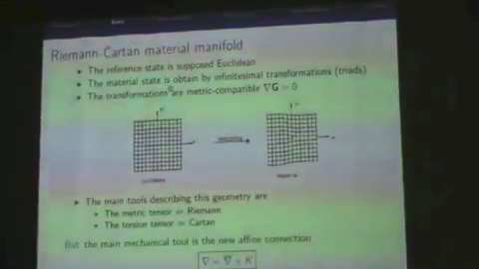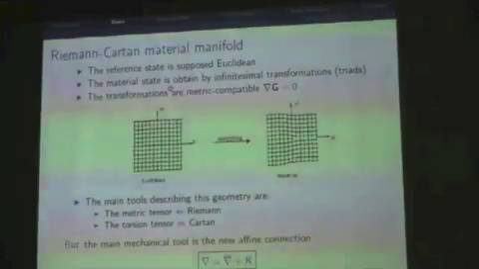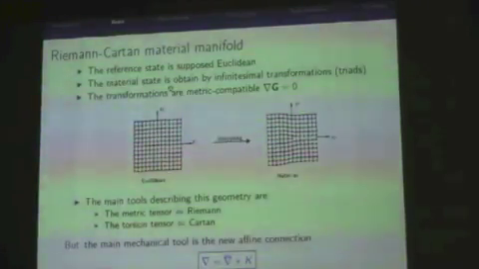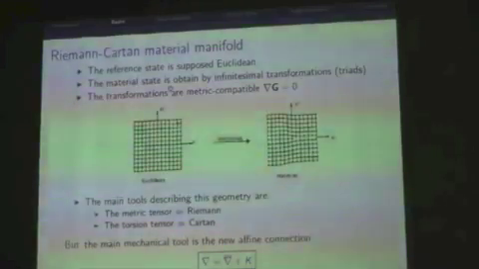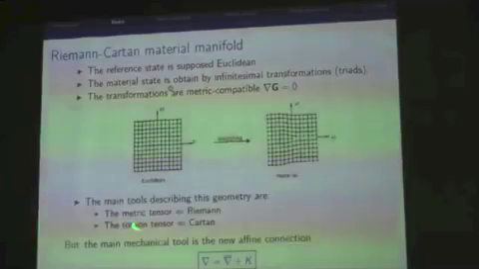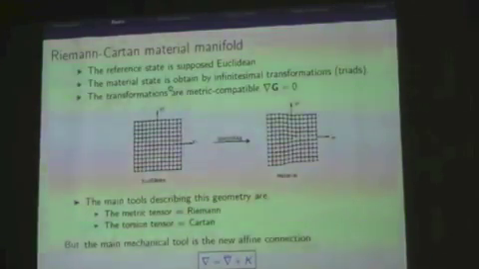So this means that we don't build up holes. This can be seen like that. So we have this type of mapping of the medium. And so the main tools of my geometrical description are first the metric, second the torsion. These two tools are independent. I can choose them independently.